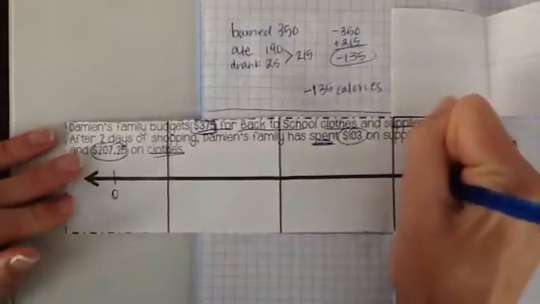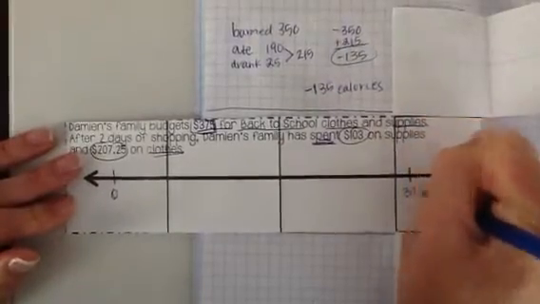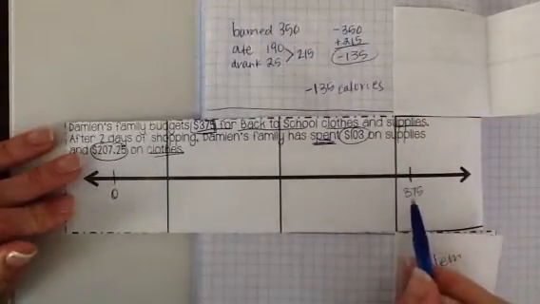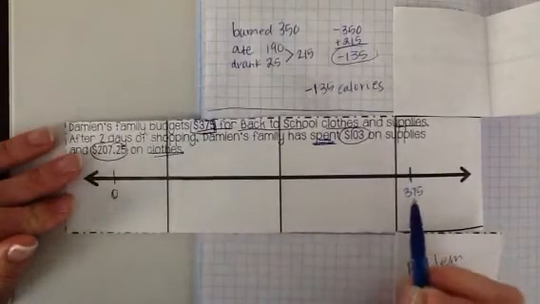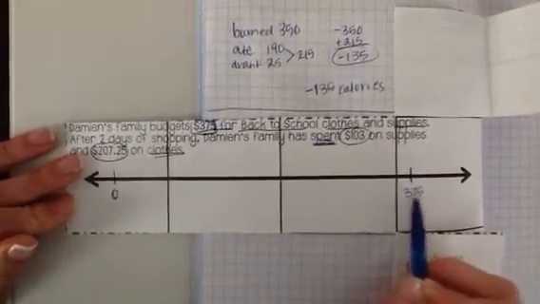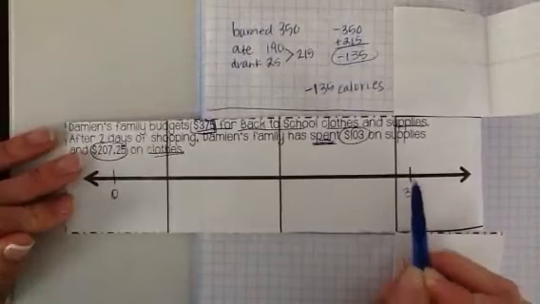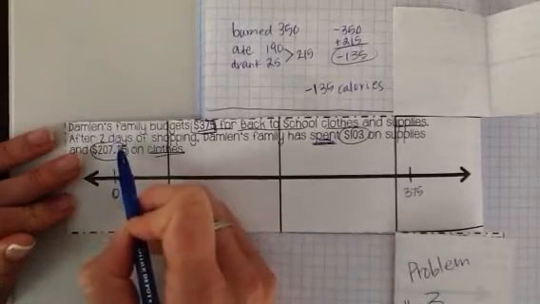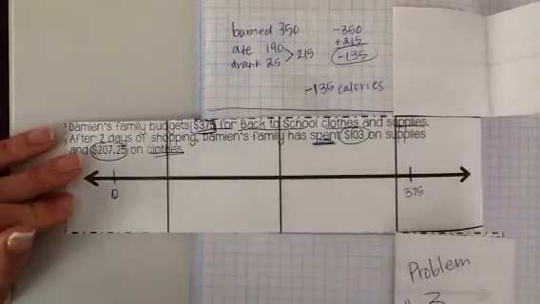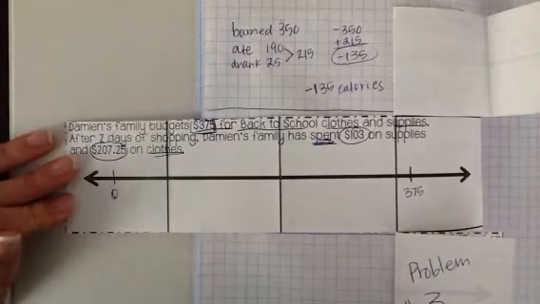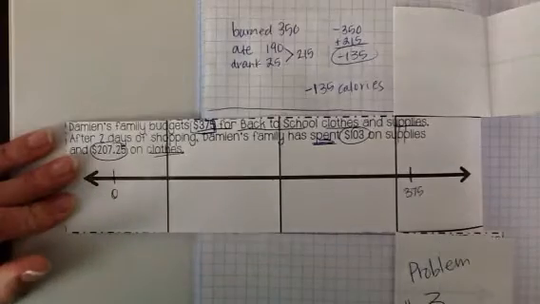So down here I'm going to put 375 because we know that is the budget for the back to school clothes and supplies. If we know that our top dollar amount's down here, then we can subtract what he has spent and land on the correct number. So let's go ahead.